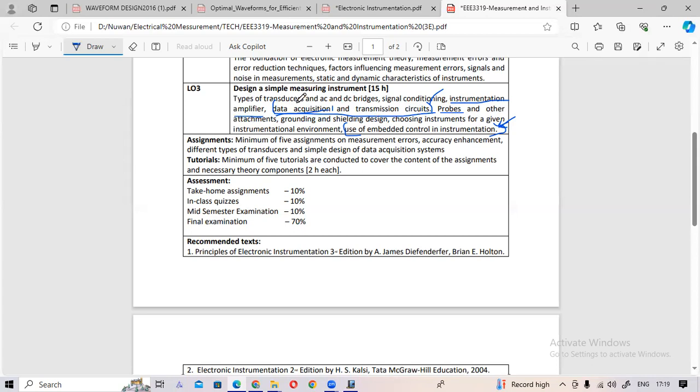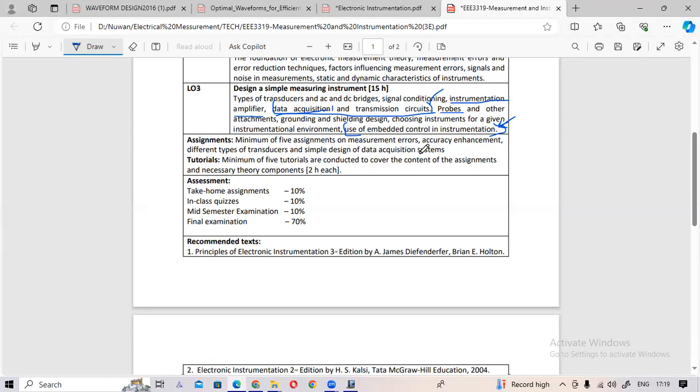Basically, we talked about types of transducers. Then what is signal conditioning? Signal conditioning can be anything. For example, I told you that before the signal is fed to the ADC, analog to digital converter, you have to DC shift the signal.